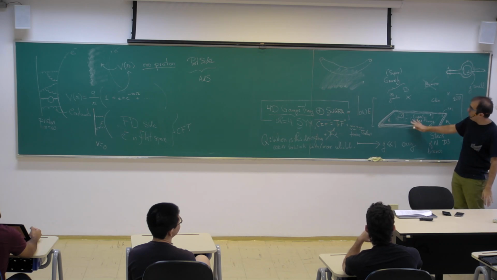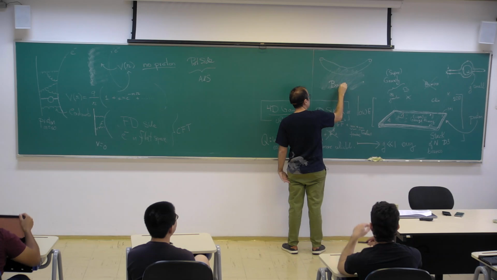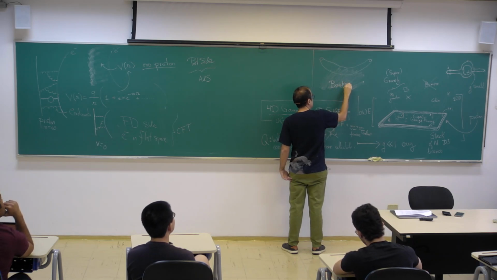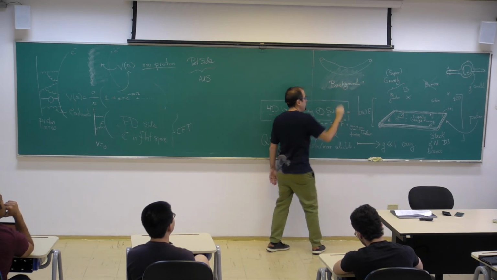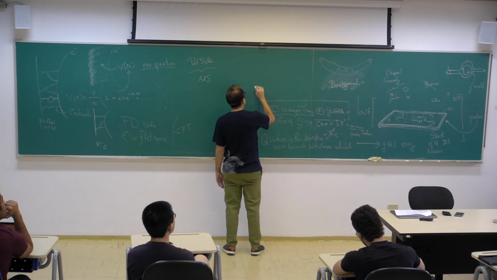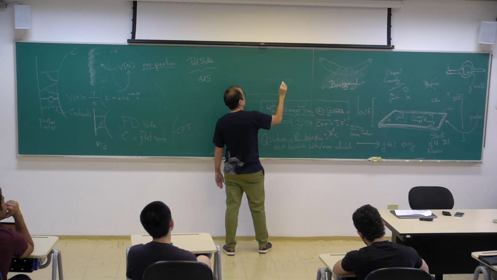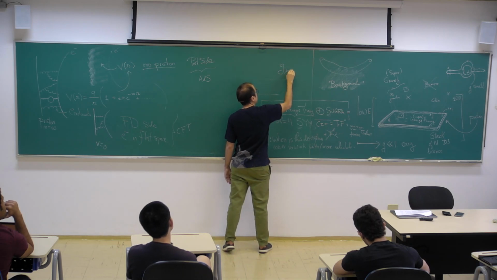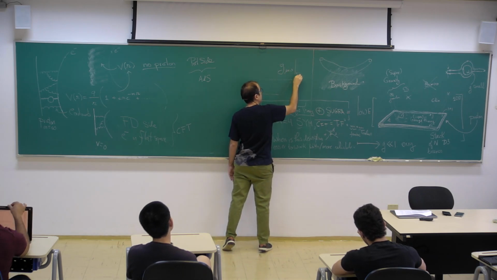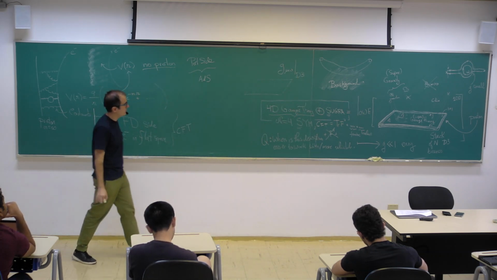So I want to find this background by looking in supergravity and asking what could be the solution to the geometry. What is the metric generated by this stack of D3 branes?